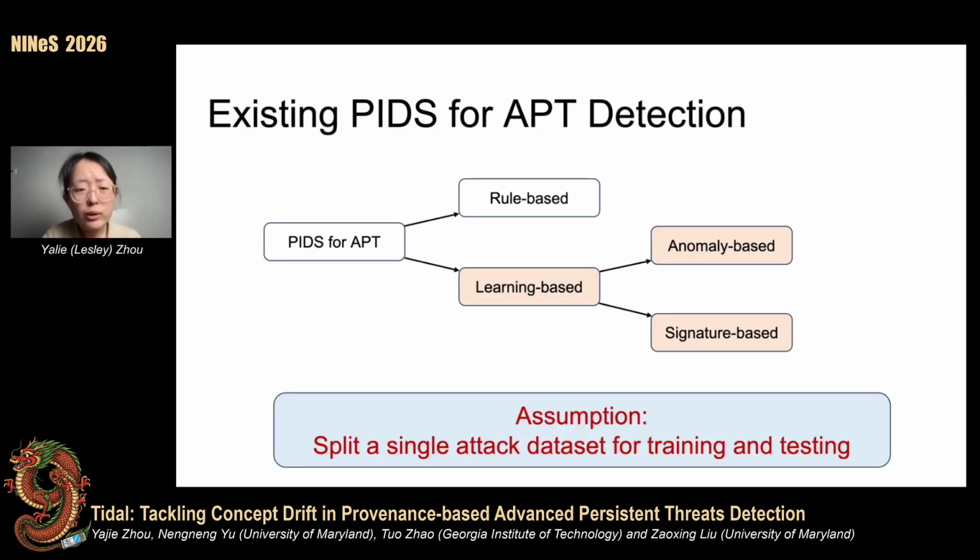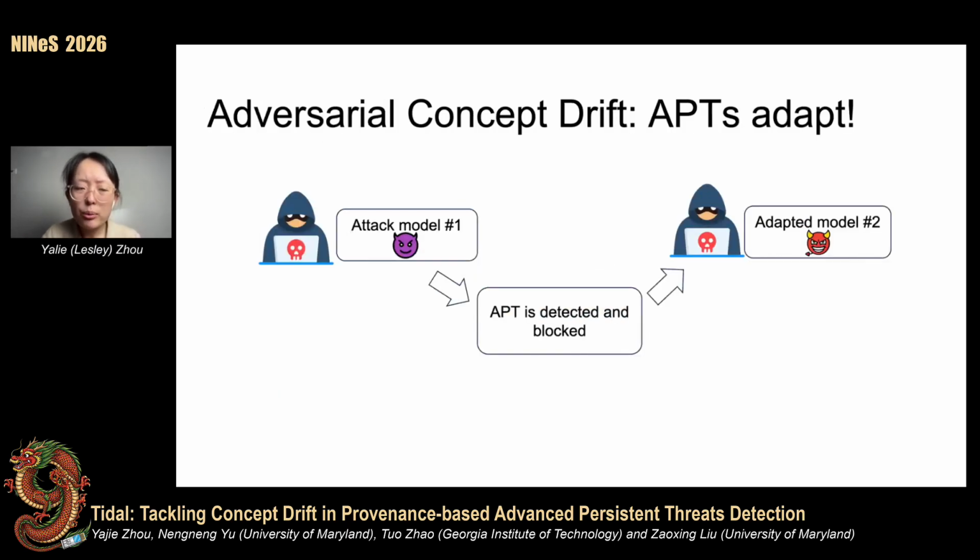However, all these learning-based methods share one assumption in their evaluation, which is that they split a single attack dataset for both training and testing. This is a problem for APT because APTs can adapt over time.